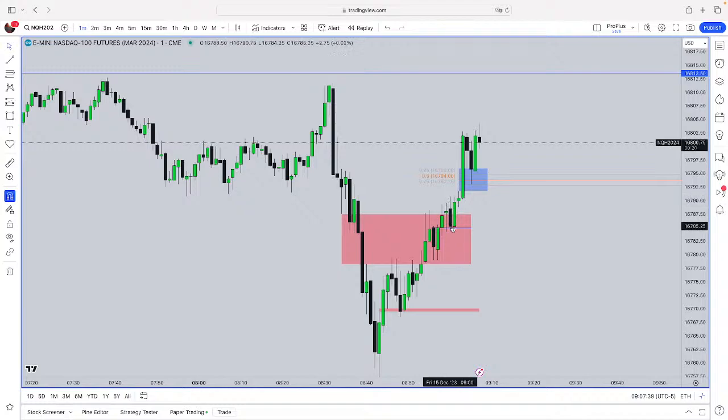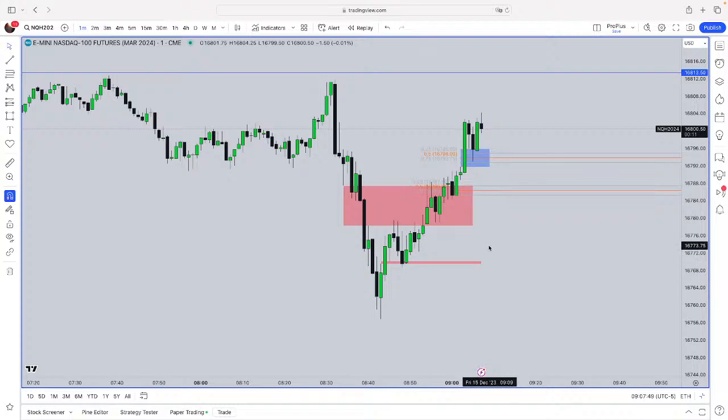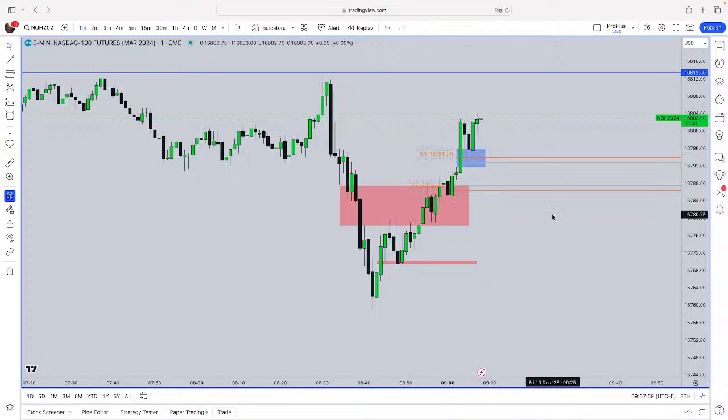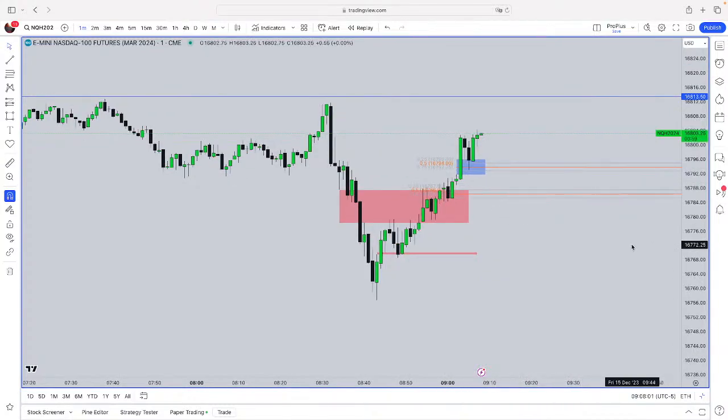So this candle here is a propulsion block. And if the mean threshold of the propulsion block gets closed, so this orange line, then it's a strong sign of a reversal. So that would be my last line of defense. So I'll probably put my stops just below here.